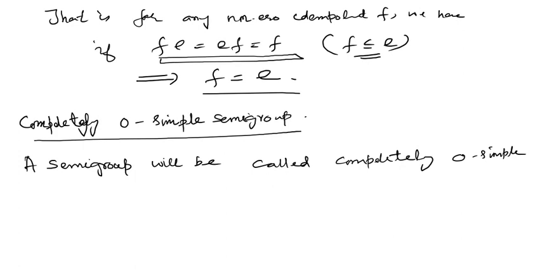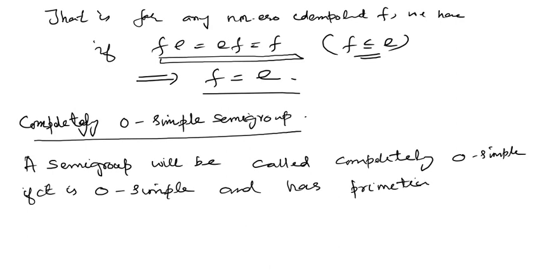Okay, will be called completely zero simple if it is zero simple first, okay, and has a primitive idempotent.